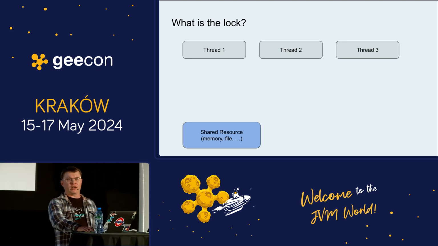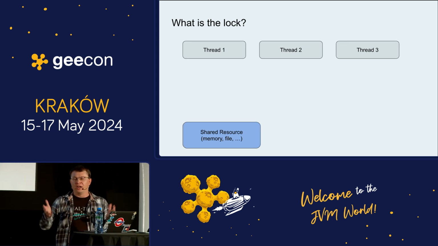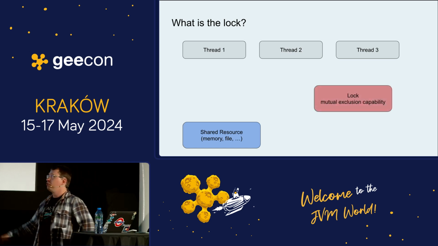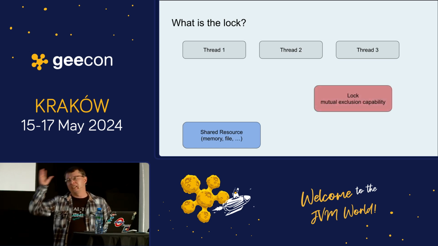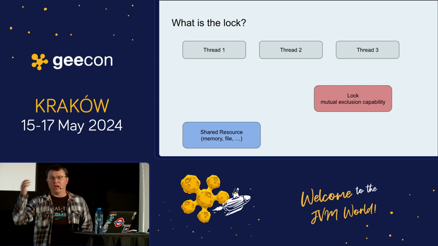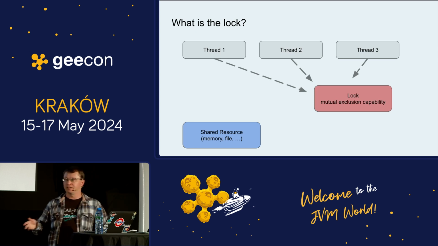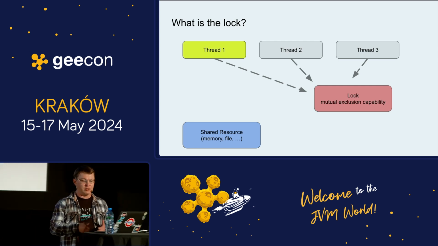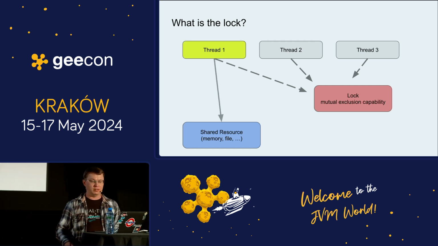If all threads access it simultaneously, we will have some inconsistency related to concurrency. So we should use different variants of locks to allow only one thread to access this shared resource. Only one thread could take this lock, and after this, access and modify this memory variable and so on.